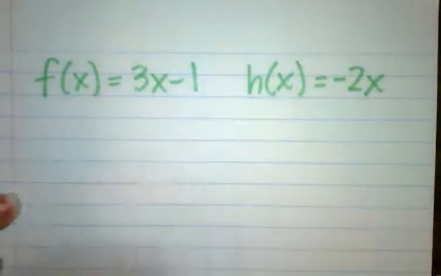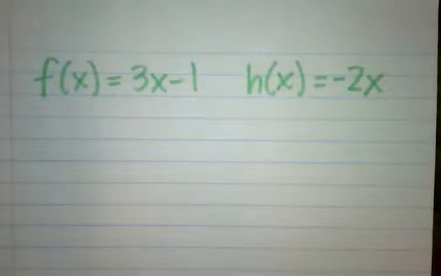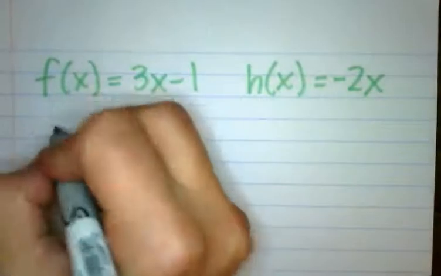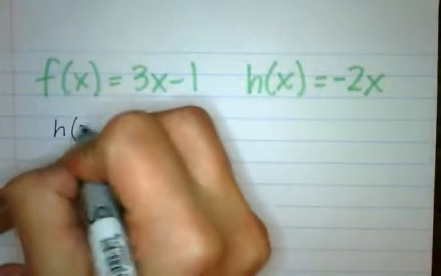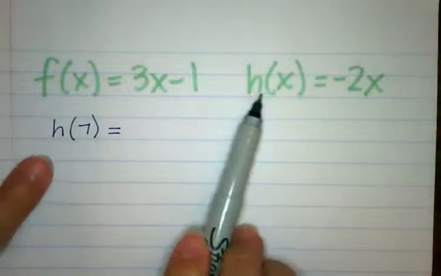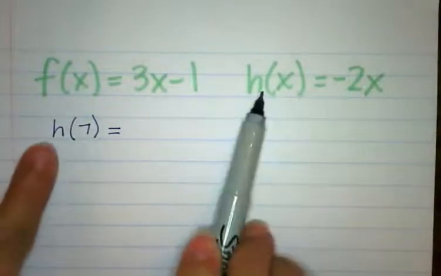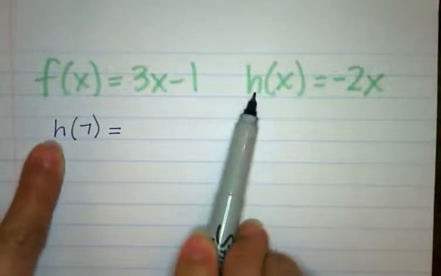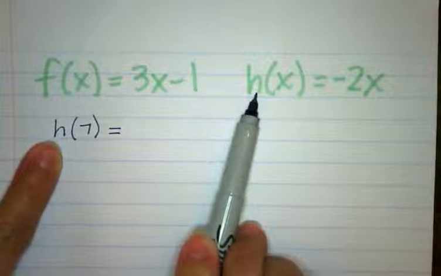So if I was asked to complete a problem, maybe h of 7, that tells me that I'm going to use this equation, because this is the equation that is identified as h, which could stand for height.